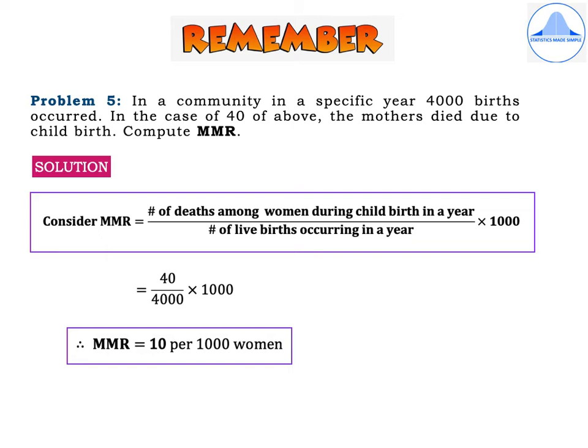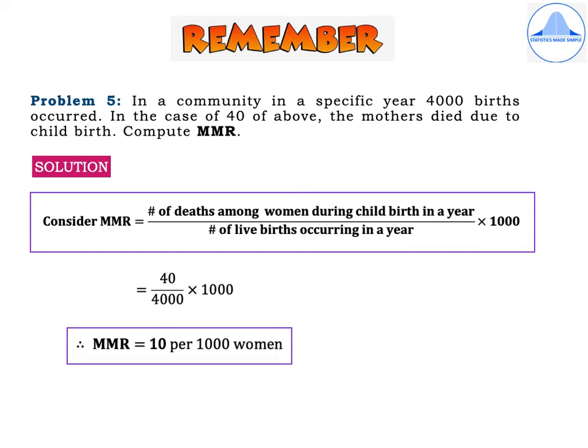Problem 5. In a community in a specific year, 4,000 births occurred. In the case of 40 of the above, the mothers died due to childbirth. Compute MMR. So MMR stands for the maternal mortality rate. Start with the solution.